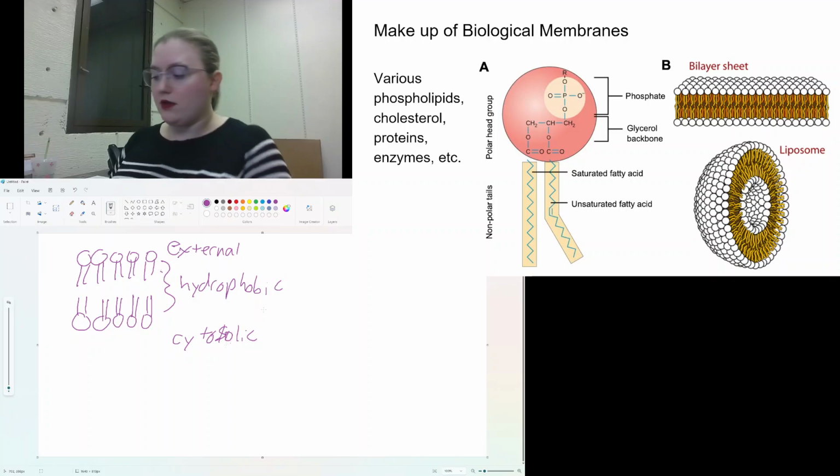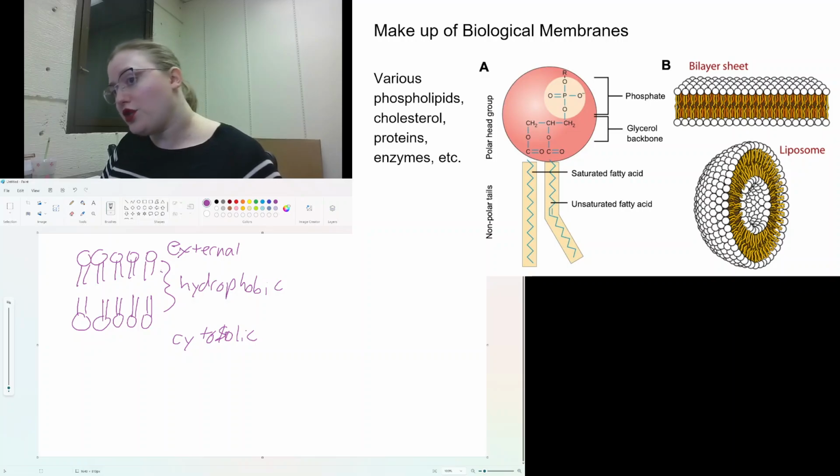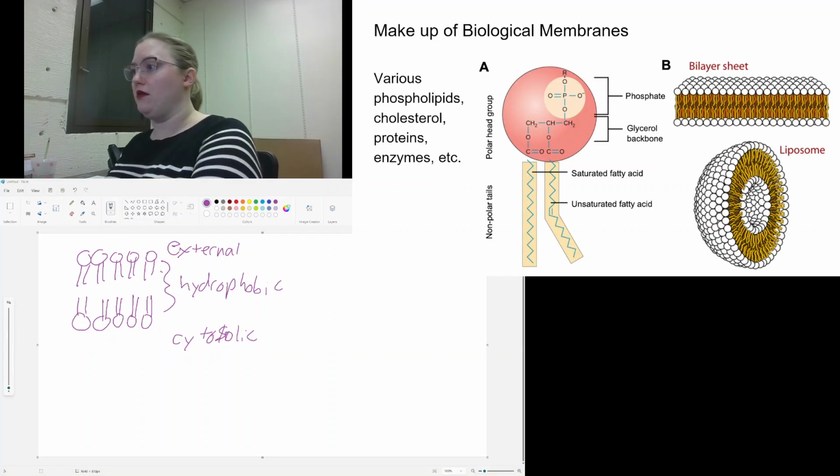Okay, so now phospholipid bilayers can form, we can look at them as sort of like flat examples, like you can see in that top portion, or we can see them in spheres like liposomes.